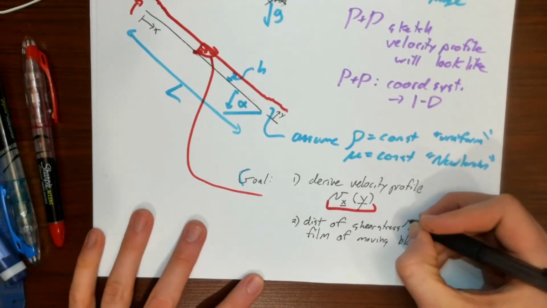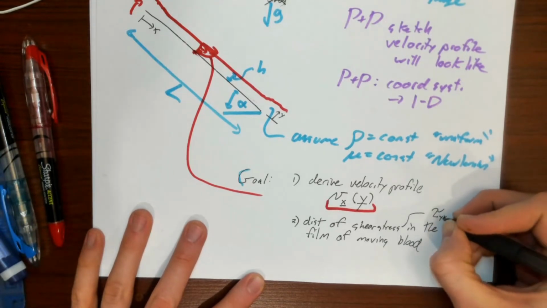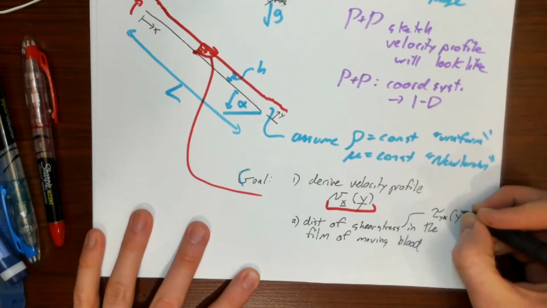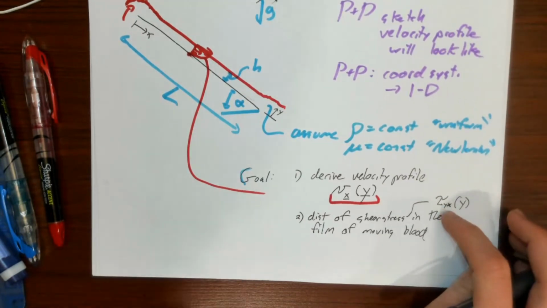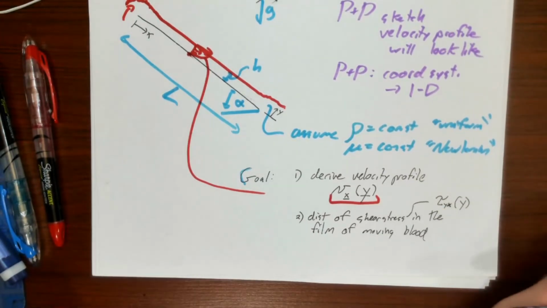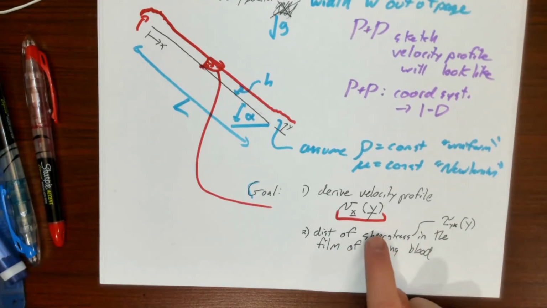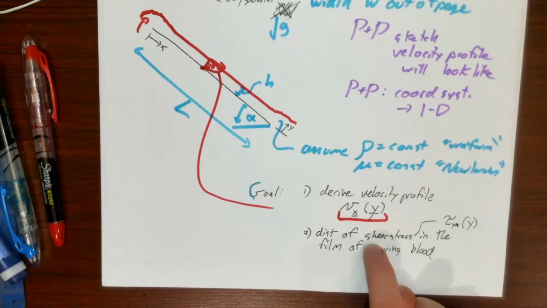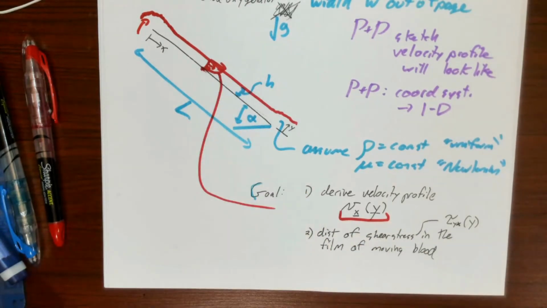And in this case, the shear stress is going to be tau_yx, and spoiler alert, this tau_yx is actually going to be a function of y as well. So we're going to have this distribution of shear stress. Take a moment now and think, why might we care about what the distribution of shear stress is for this blood?